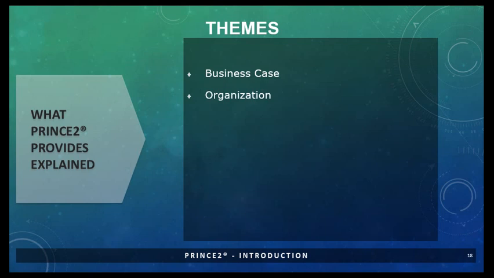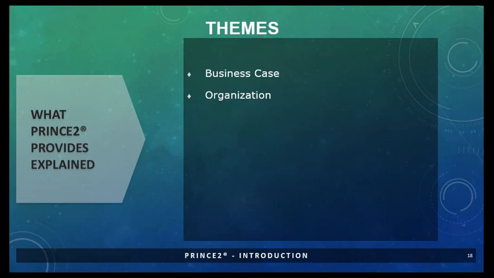This answers the questions who, what are the roles, and what are the responsibilities of the project team members. This theme describes the roles and responsibilities of the project management team required to manage the projects effectively.